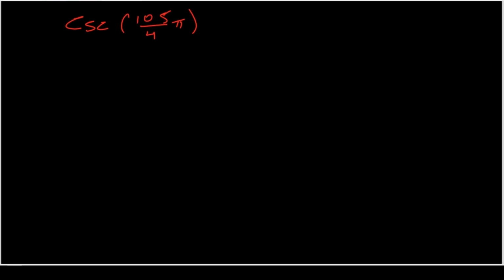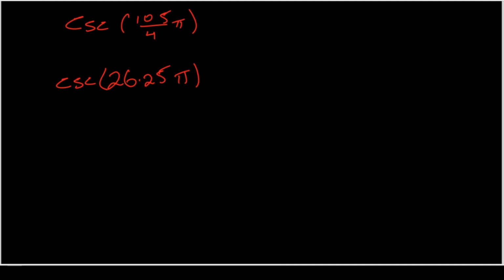Now, when we see those kind of numbers, we can easily do the calculation. We can just substitute 105 over 4 in our calculator, and we find that the value is 26.25 pi. So this is equal to cosecant of 26.25 pi.